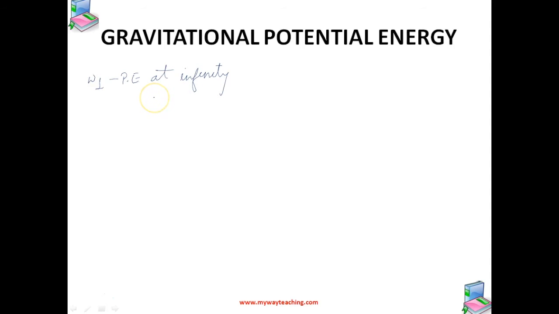One should note that only the difference of potential energy between two points has a definite meaning. So we can set W1 equal to 0, so that the potential energy at a point is just the amount of work done in displacing the particle from infinity to that point.